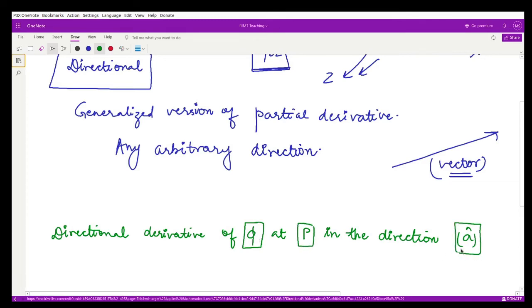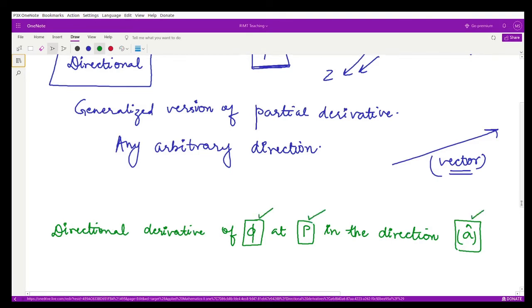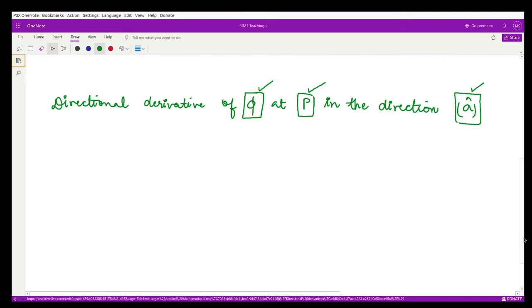So we want to compute the directional derivative of this function at this point in this direction. We require three things: one is the function itself, one is the coordinates of the point, and one is the direction in which we want to compute this derivative. The formula is simply the gradient of phi at the point P, taking its dot product with the unit vector.